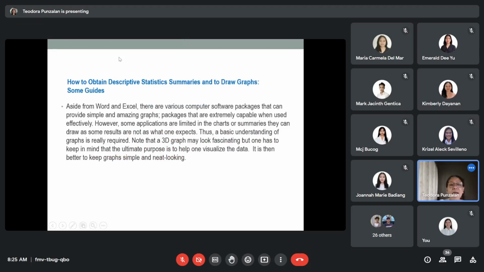Okay, next part. How to obtain descriptive statistics summaries. A while ago, I was telling you that you don't show the manual computations that you did. Instead, you just mention the statistical package that you used to come up with the results.